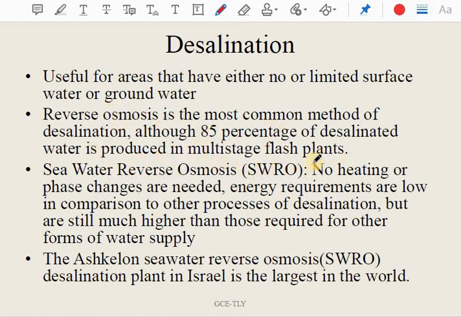In seawater reverse osmosis, no heating or phase change is needed and the energy requirements are low compared with other conventional methods, so it is highly opted for when pure water is required. The Ashkelon seawater reverse osmosis (SWRO) desalination plant in Israel is the largest desalination plant in the world.